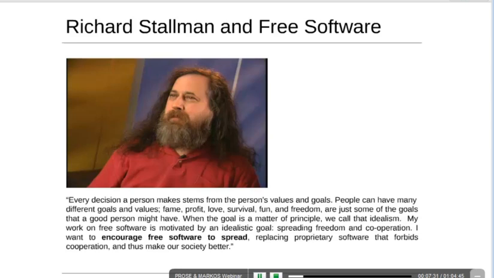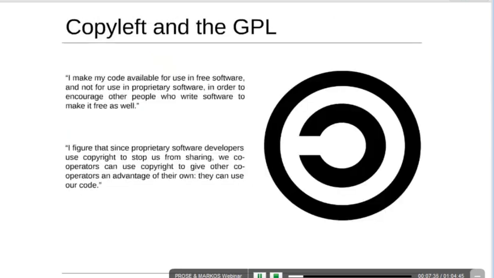Very honourable intentions, and the way within licensing that he achieves those intentions is to use a tool that he invented called Copyleft. You can see in this slide the Copyleft logo is a mirror image of the copyright logo. Whilst it has no actual technical legal meaning, it does have a meaning that's come to pass over time from Stallman's invention.